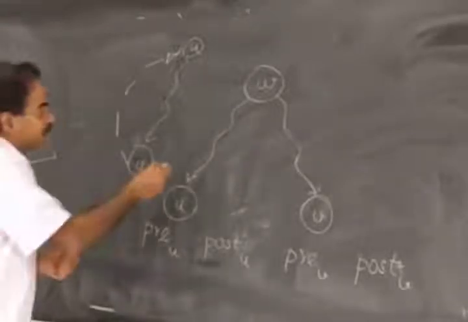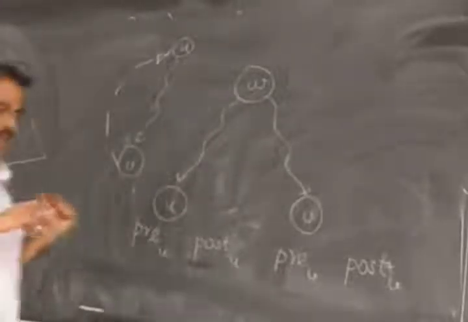So if there are no cycles, that is, if there are no back edges, then you're going to have only forward edges and cross edges. Forward edges go from a lower pre-number to a higher pre-number, and cross edges also go from lower, no, it's about post numbers. Okay, so let's write that down.